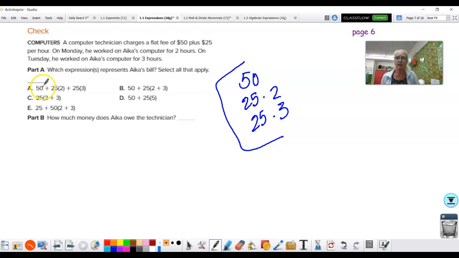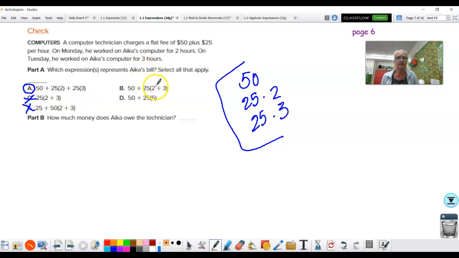Here we have $50 plus 25 times 2 plus 25 times 3. Winner, winner, chicken dinner. But are there more that are correct? Well, C is not correct because there's no $50 flat fee for C, so we don't like C. On E, we have all the correct numbers, but they're not in the right places. He's charging $50 an hour here instead of 25, so E is not correct.